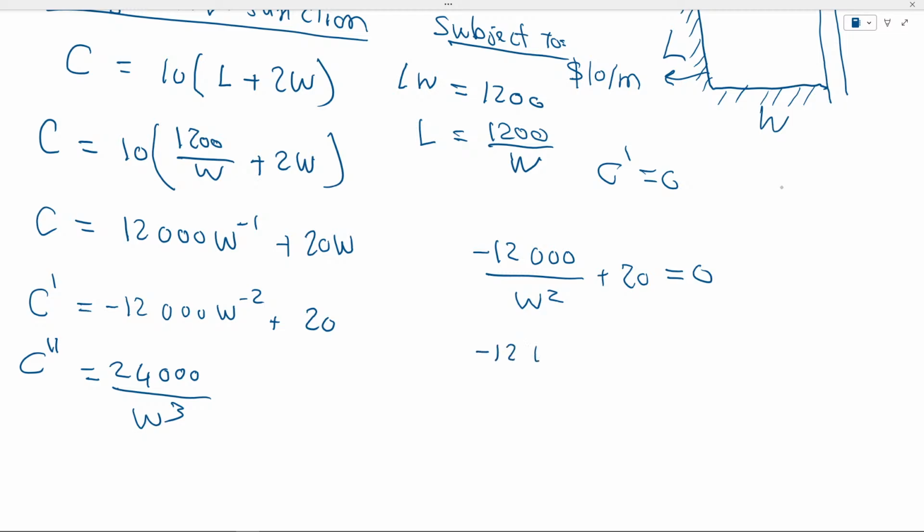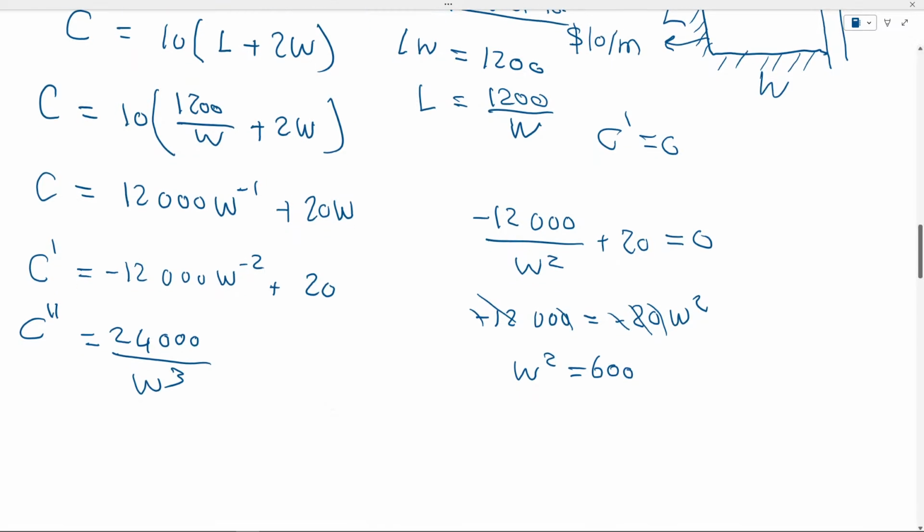I can say minus 1200 is equal to minus 20 W squared. Then I can get rid of the common terms, so I get here W squared will be equal to 600. So what is W? W is equal to square root of 600.